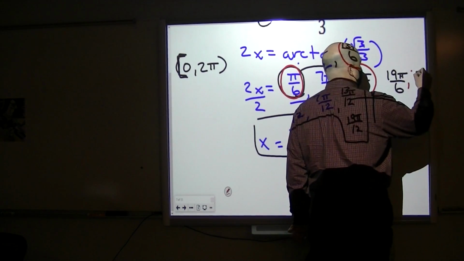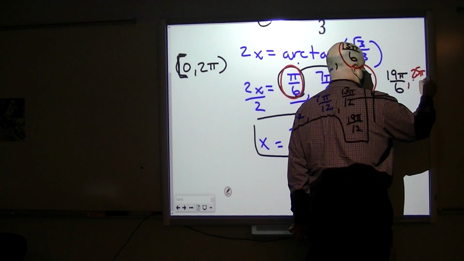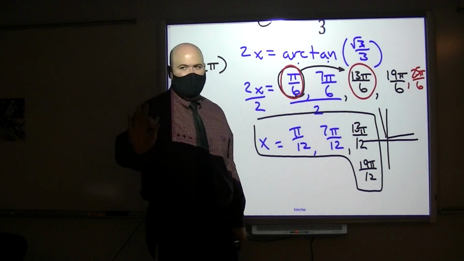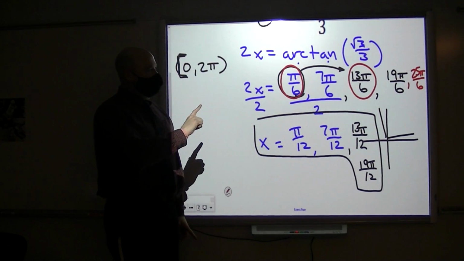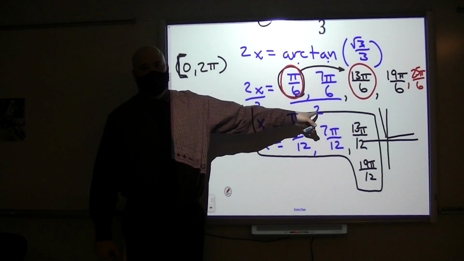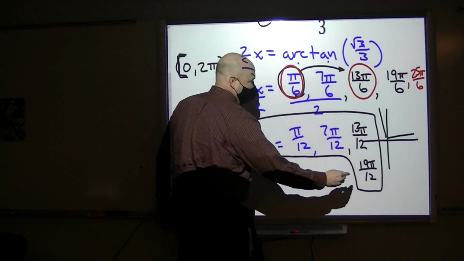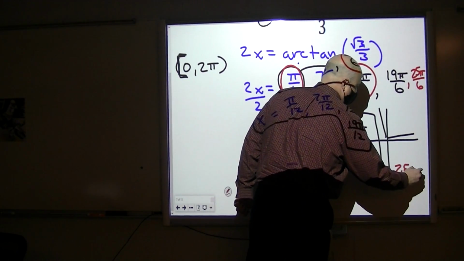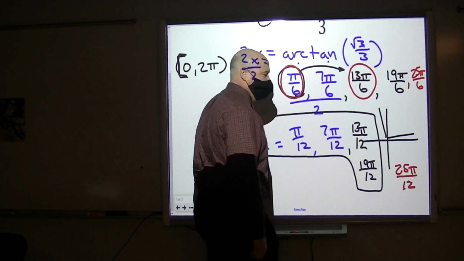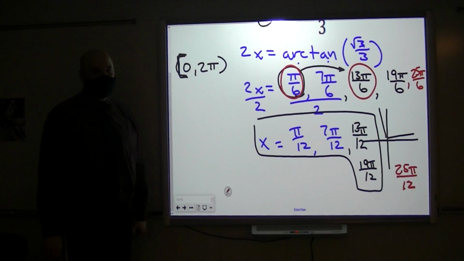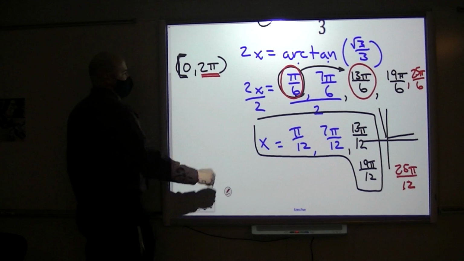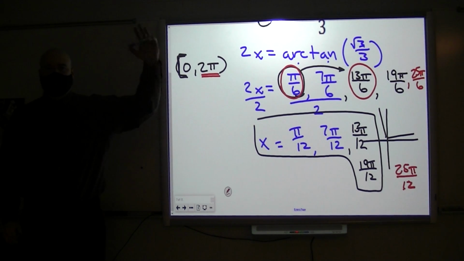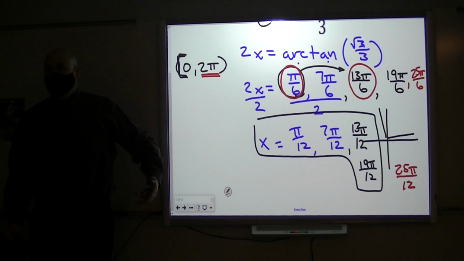That would be 25 pi over 6. If I write that and then divide it by 2, that would be 25 pi over 12, which goes beyond that acceptable range they're giving us.